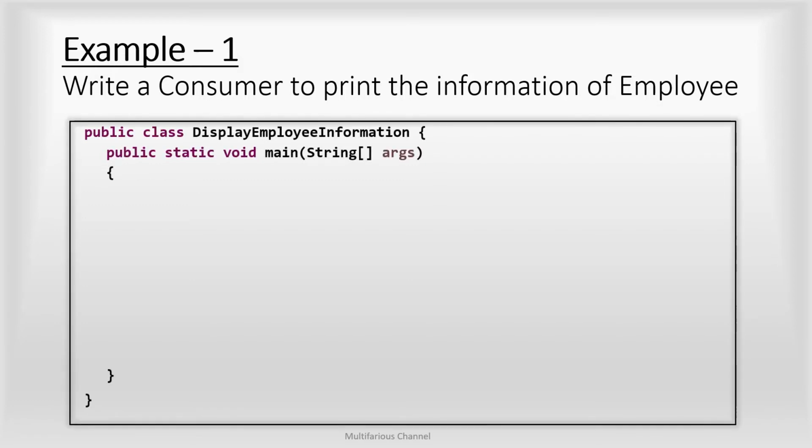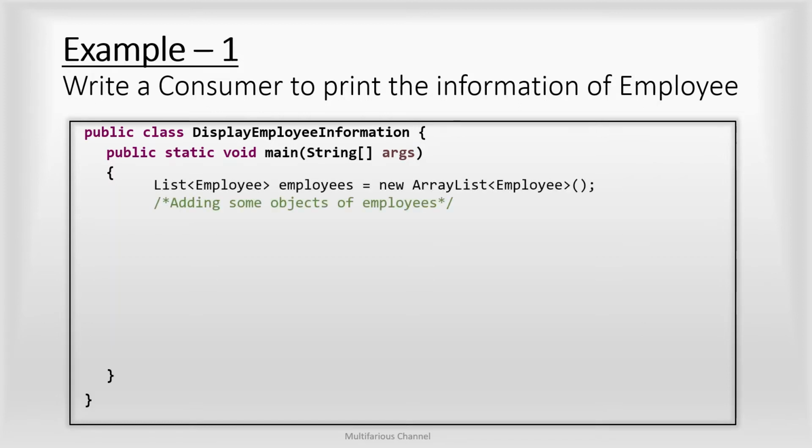Here I have a class DisplayEmployeeInformation which has a main method inside it. Let's assume I have an employee class with some properties, and also in this class I have a list of employees which I want to print. So I have a list of employees equal to new ArrayList.